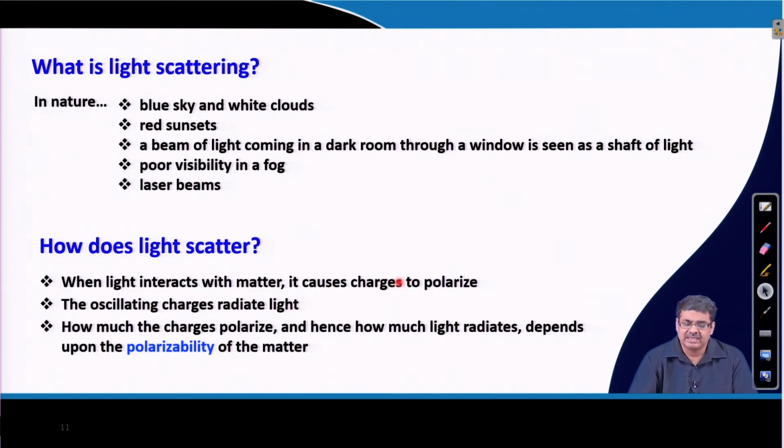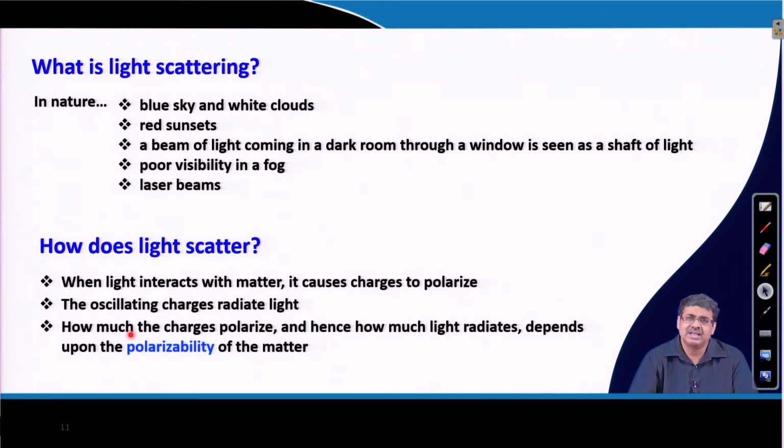Now, that dipole oscillates in sync with the electric field of the incident light, and we know that oscillating charges radiate light. Those are the scattered light, and light gets scattered in all directions from the sample.